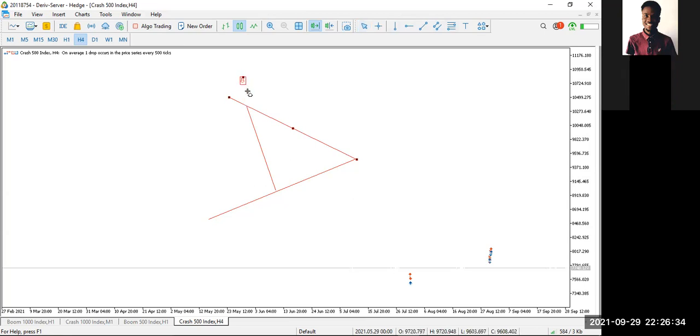You have the market coming this way from the upside, and then it starts forming a pattern like this.